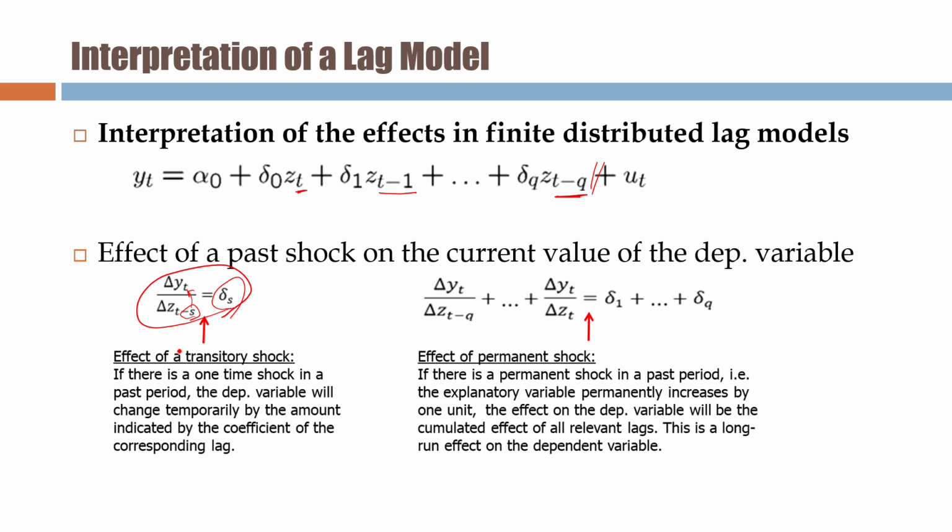This is what we call the transitory shock. It takes time for the effect to be realized, that's why there's a difference between t minus s versus t. However, that effect doesn't last. It takes time, but it appears and then is gone.